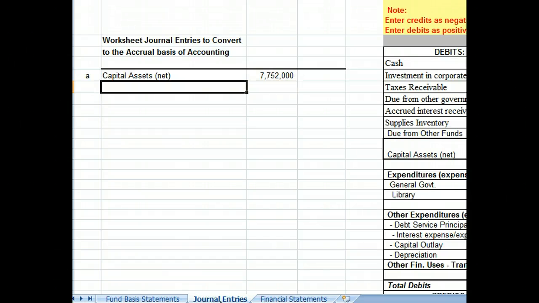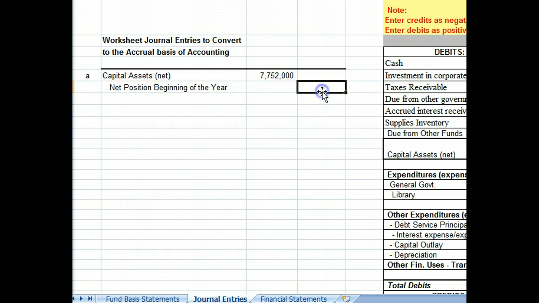So we're booking those on as assets. We are going to credit our net position the beginning of the year. Because that's going to state what our net assets in the capital assets are as of the beginning of the year.